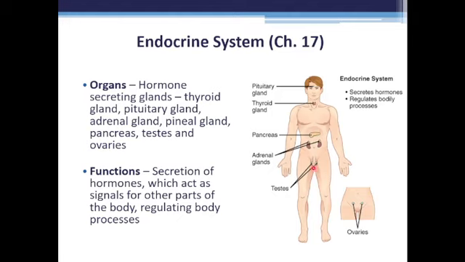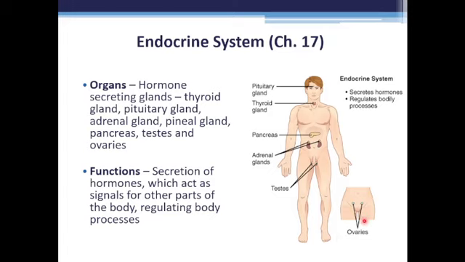We have the testes for males, and ovaries for females. So why do we need the endocrine system? Of course, we need this for secretion of hormones. Hormones like, for example, dopamine. Dopamine makes you happy, that's why we call it the happy hormone. Hormones act like a signal to other parts of the body, regulating body processes.